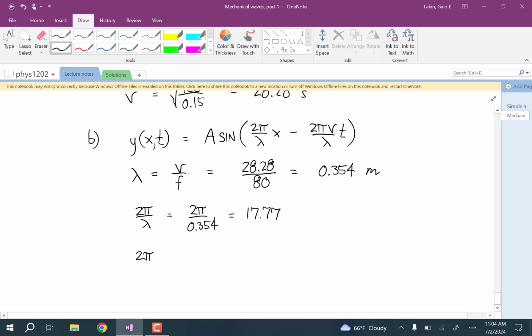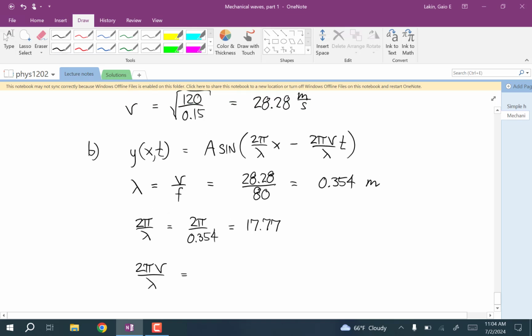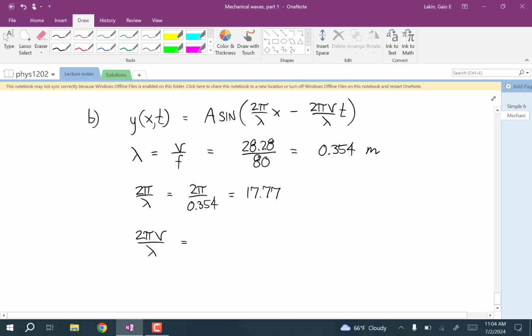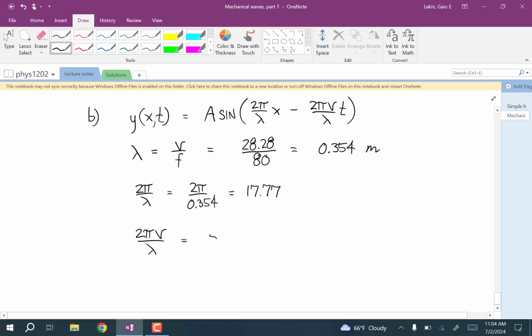So 2 pi v over the wavelength is, well, we have the wave speed times 2 pi over the wavelength, and that comes out to be 502.58.